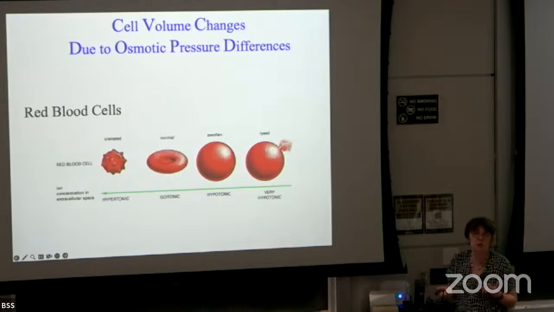So that's one way to stretch the cell. In this case, you stretch it and you reach the point where the membrane explodes. And in the other case, it's the opposite. You release the stretching and you can see that you change the shape.